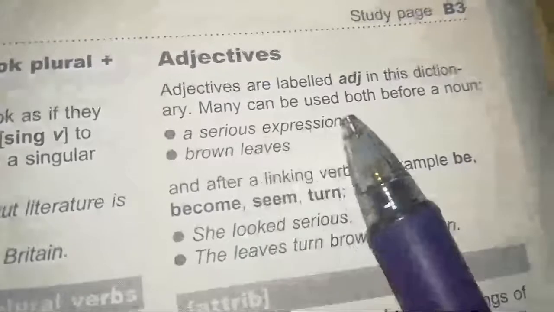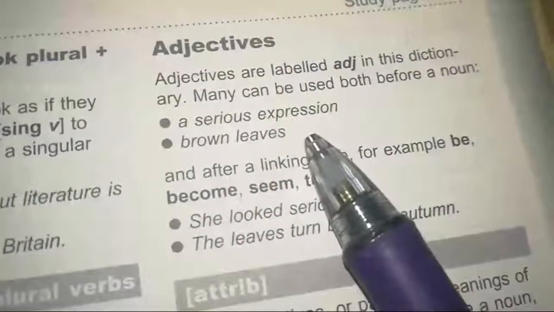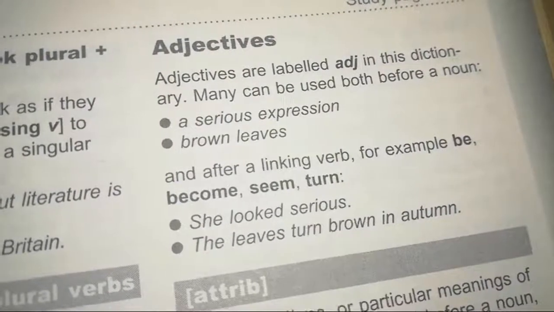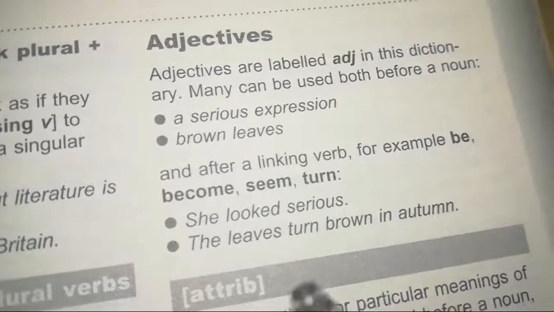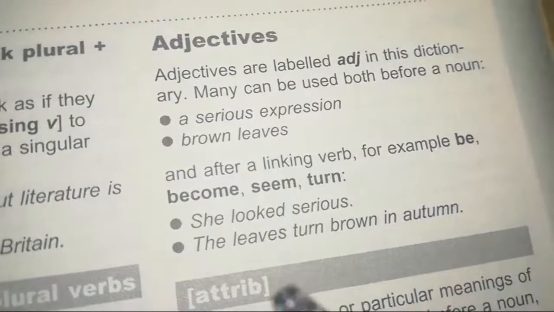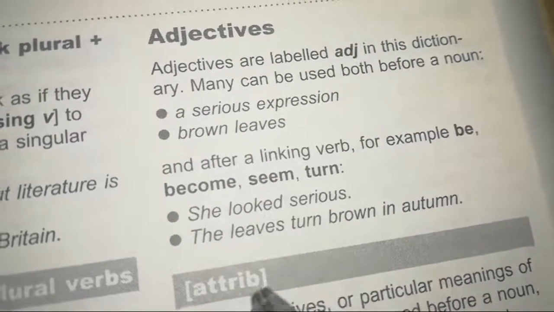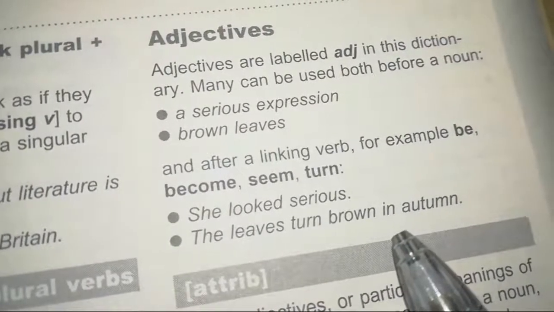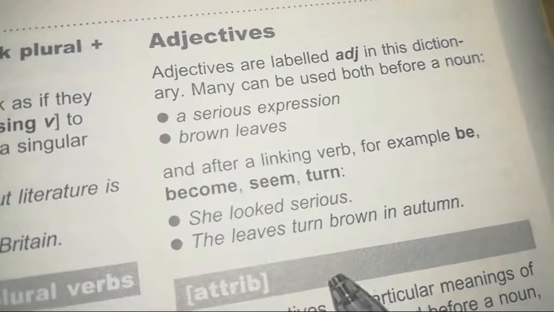Many can be used both before a noun, a serious expression, brown leaves, and after a linking verb, for example be, become, seem, turn. She looked serious. The leaves turn brown in autumn.